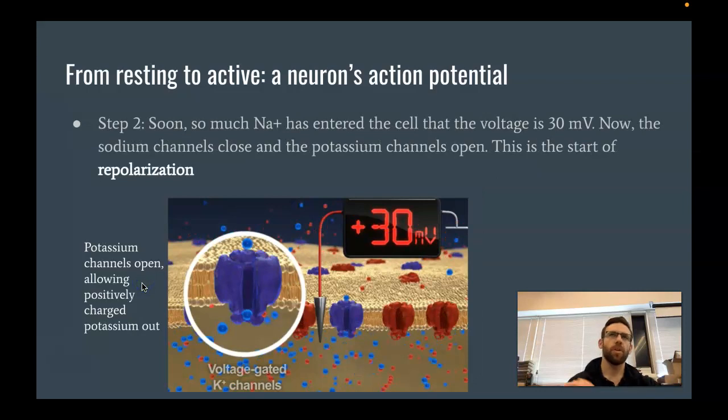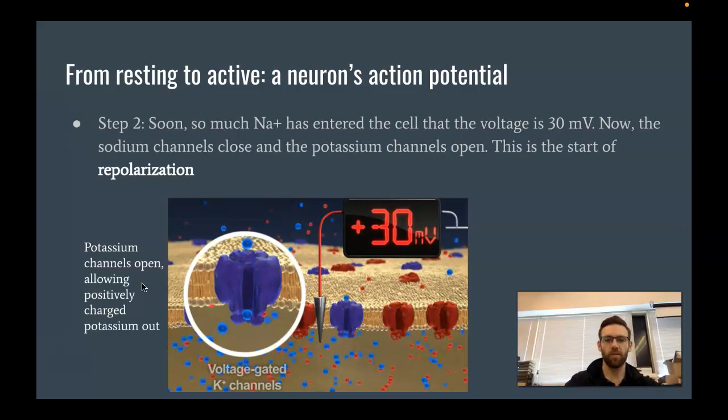All right, step 2. So we've reached a point where a lot of sodium ions have entered the cell. We've gone up to 0, we've even passed 0, and now the voltage inside the neuron is positive 30. There's so much sodium inside the neuron right now. So once you reach about 30 millivolts, a couple of things change inside the neuron. 1, the sodium channels close. 2, the potassium channels open up.